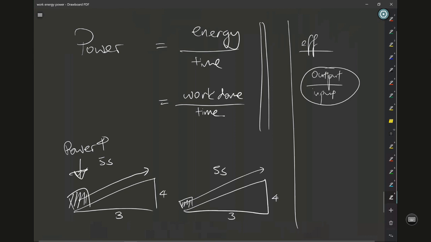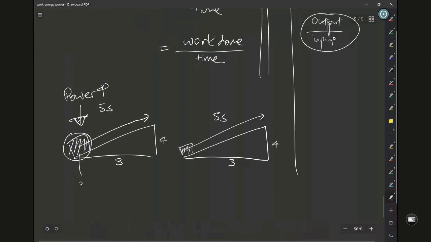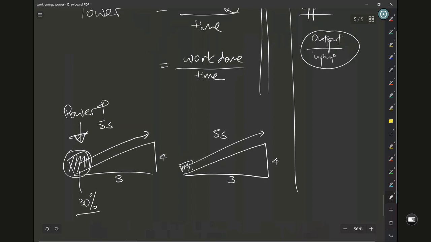Now even for this bus over here, the engine is probably like 30% efficient. So let's say the engine gives it maybe 1000 joules of energy, only 300 joules is used to go up the hill.